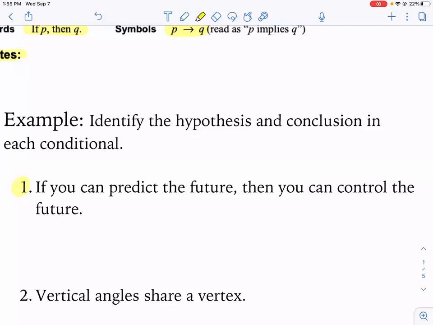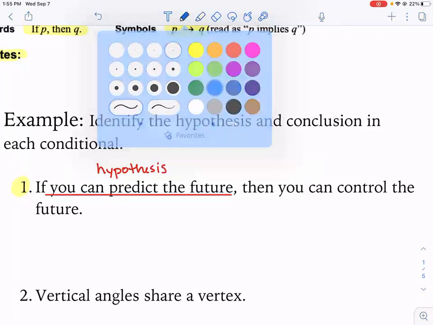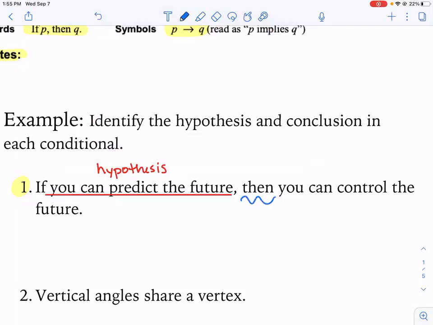So if you can predict the future, so I'm going to underline you can predict the future. That is our hypothesis. Okay. Then you can control the future. So I'm going to squiggle it. And that's our conclusion.